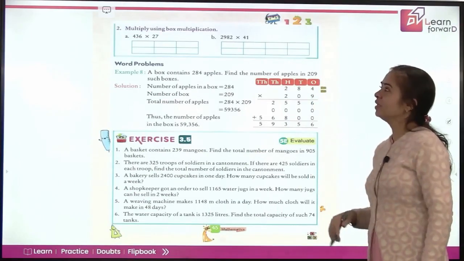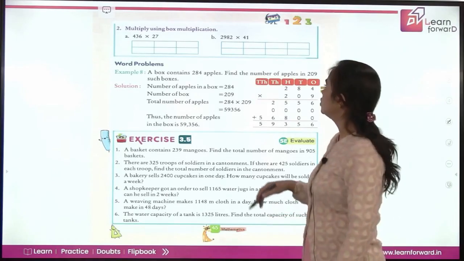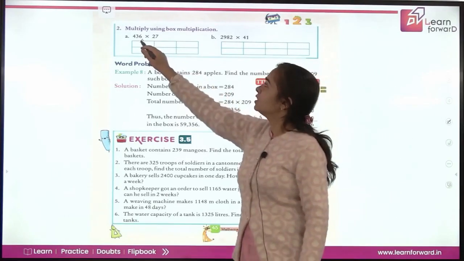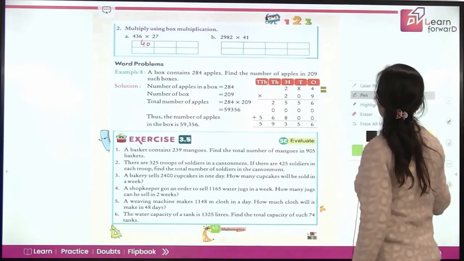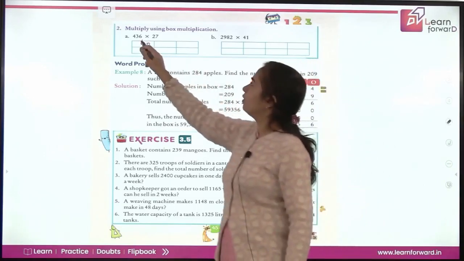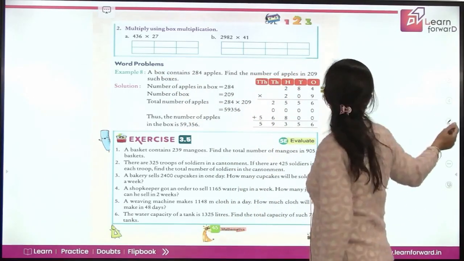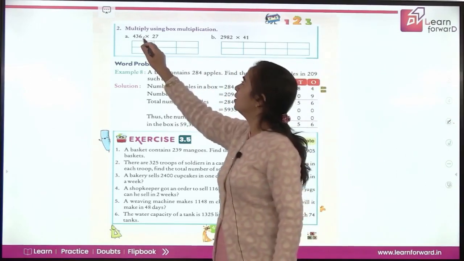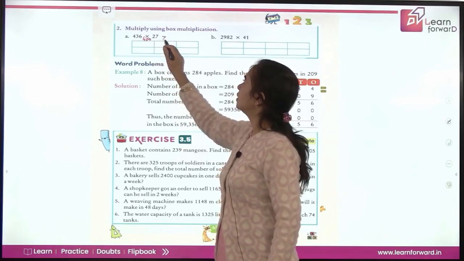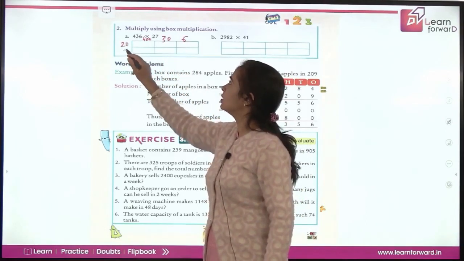Now here in the next you have to multiply using box multiplication. So let's do one here. Let's split 400. We will be writing outside again. So this is 436, and this is 27.